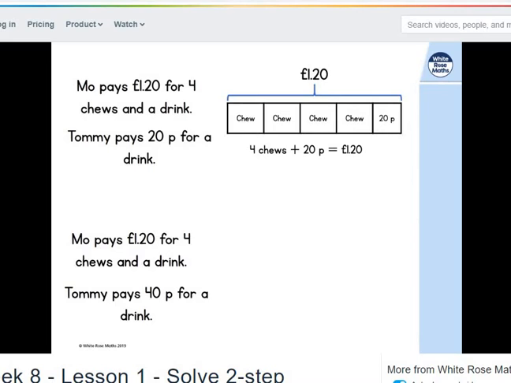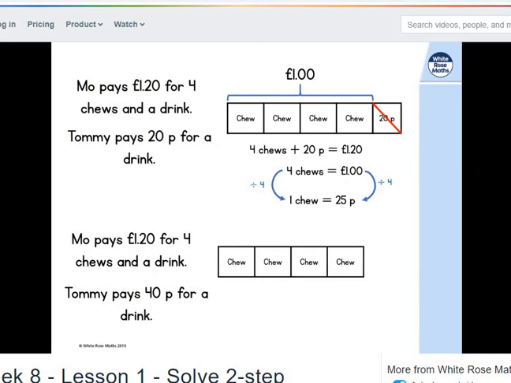But I want to work out the cost of 1 chew. If I remove the cost of the drink, I can see that the 4 chews would cost £1. To find the cost of 1 chew, I divide by 4, which means that 1 chew is 25p. What about the bottom problem? Same amount of chews, but this time the drink is 40p, not 20p.